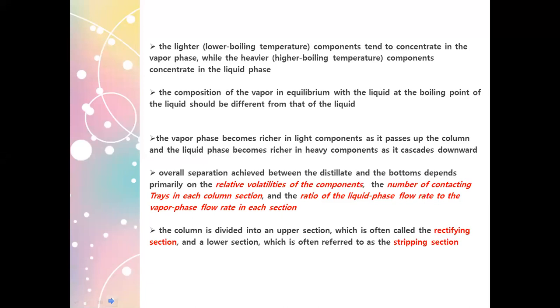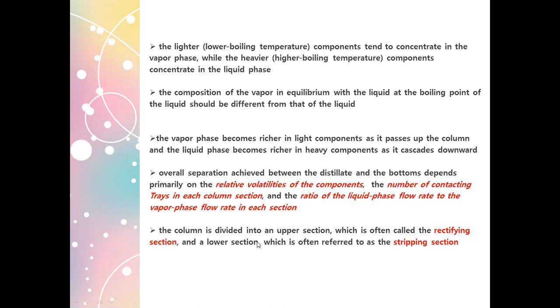Then we have also the ratio. So the third one is the ratio of the liquid phase flow rate to the vapor phase flow rate in each of your sections. So this time, you are to know that your distilling column has two sections. And the sections are mentioned here on the last bullet in this slide.